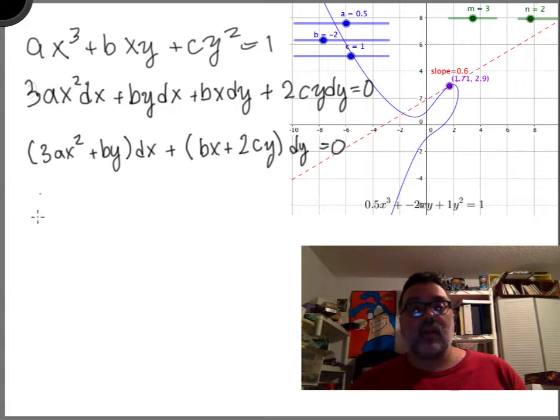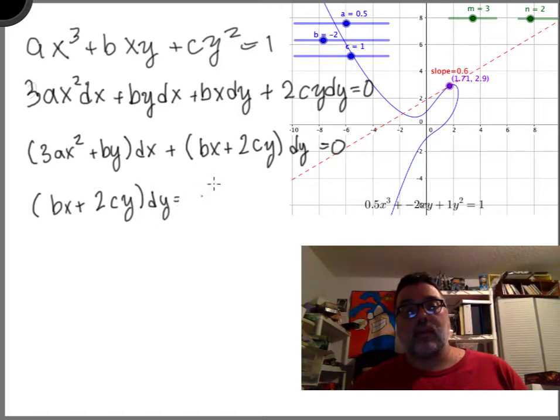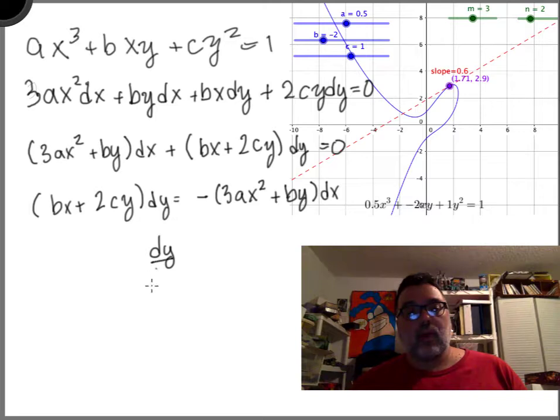So we could say that this y stuff is equal to the opposite of the x stuff. If we divide both sides by dx, we'll get the kind of derivative we're looking for.